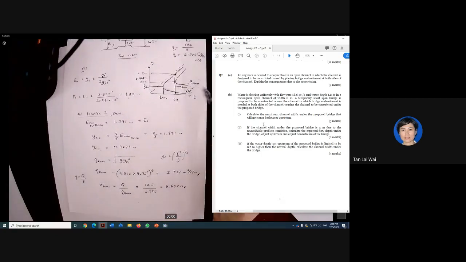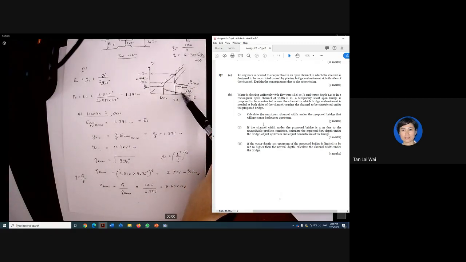You see, in chapter 3, I'm using this kind of EY curve, but from my previous classes, students always get confused between the problems of flow over broad crested weir. For flow over broad crested weir, when you are dealing with H-mean, the width of a channel is fixed, so you only have one EY curve.